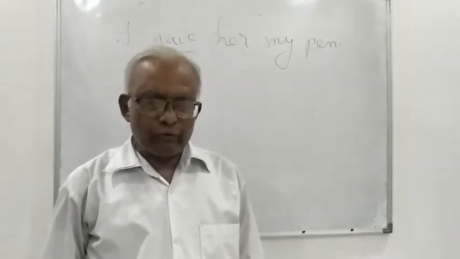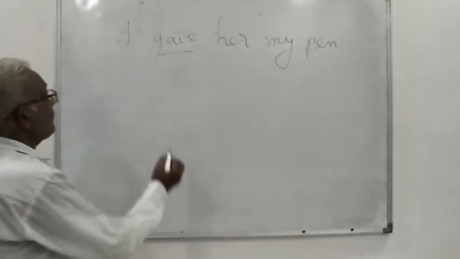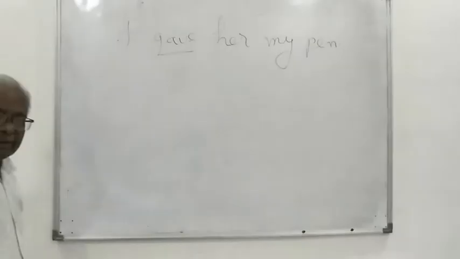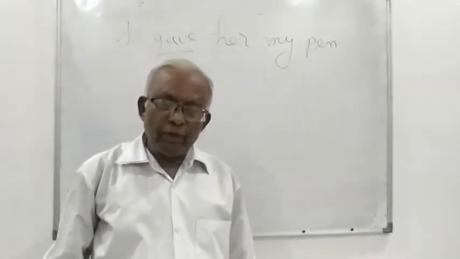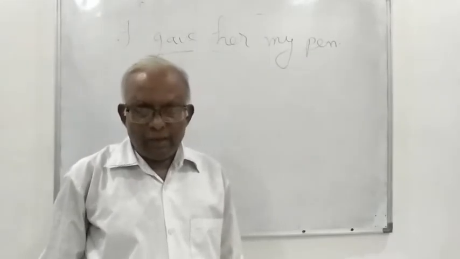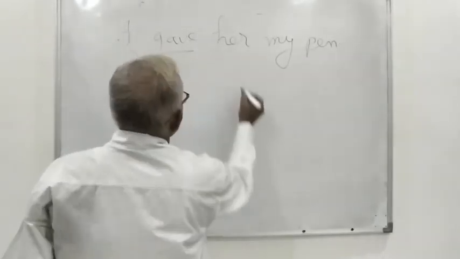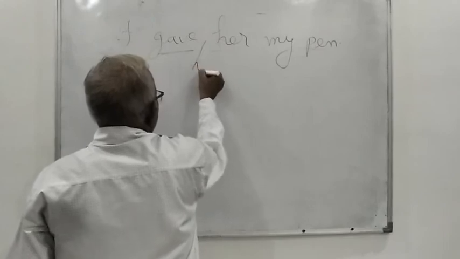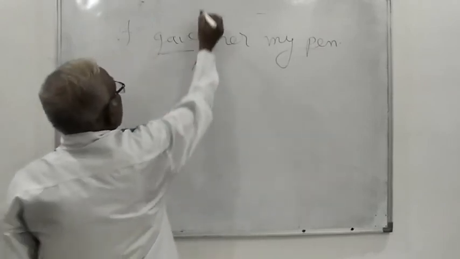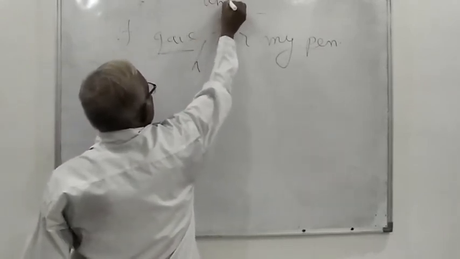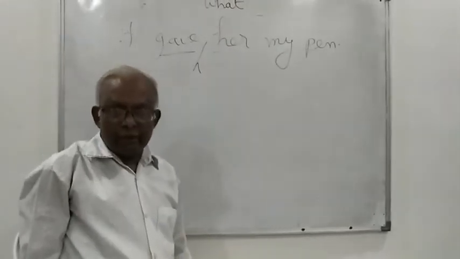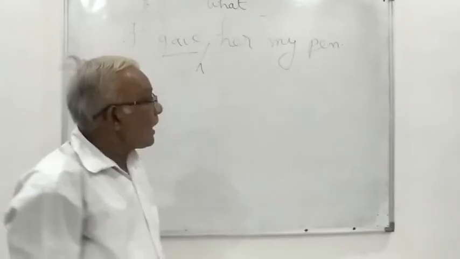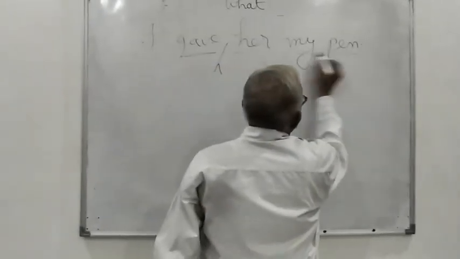Now the question is, who gave? I gave. I is the subject. But right now we are trying to see object. Ask the usual question. After the verb, ask the question, gave what? And obviously, you get the answer, I gave my pen.